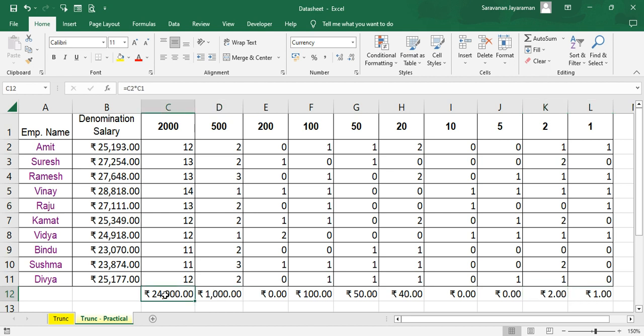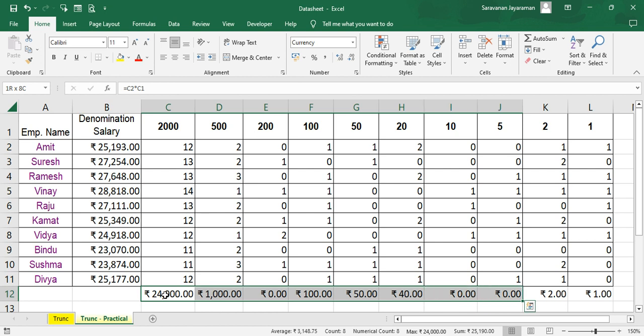When you add, 24,000 plus 1,000 is 25,000, plus 100 is 25,100, then 50 makes 25,150, then it becomes 25,190. Next, 3 rupees cannot be divided by 10 or by 5, so it's 0.